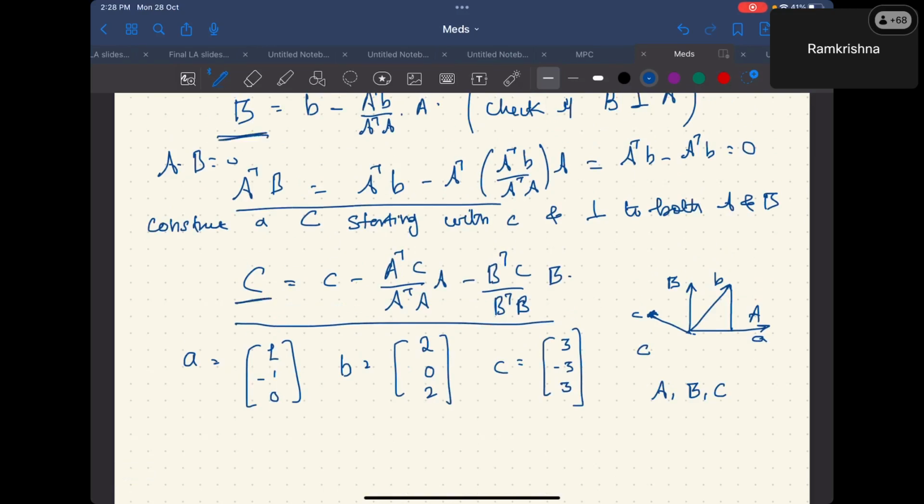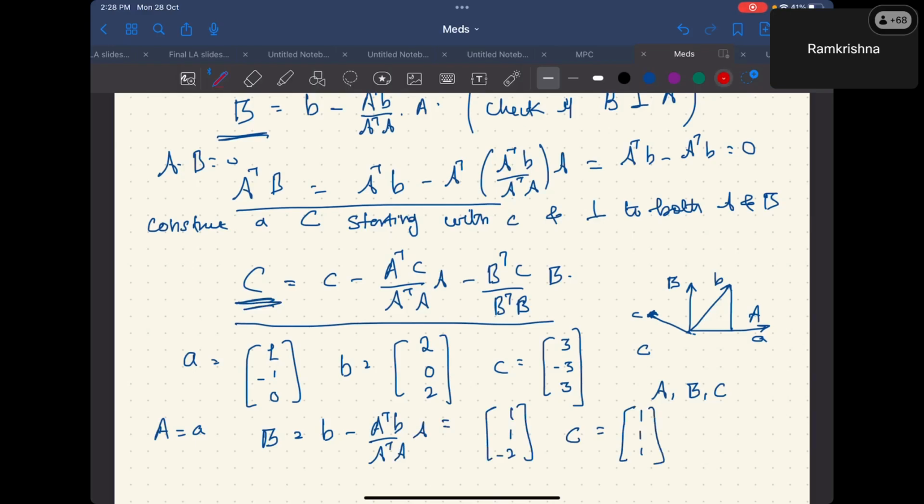A equals A. B is B minus A transpose B over A transpose A times A. This will be 1, 1, and -2. Similarly, C from this formula will be 1, 1, 1.